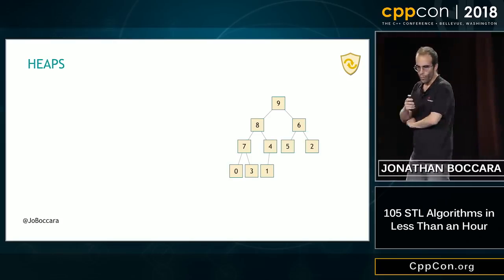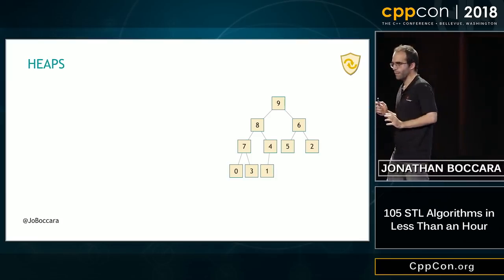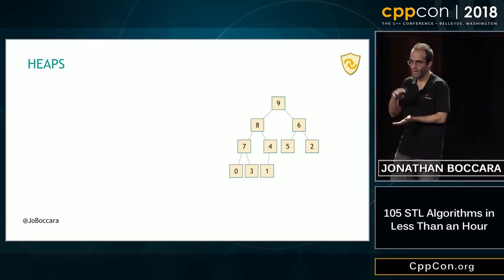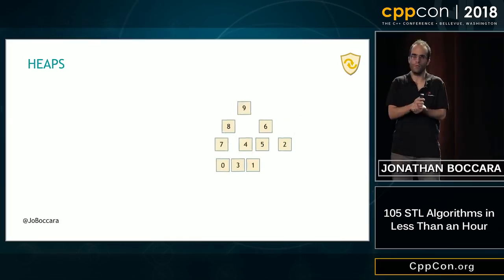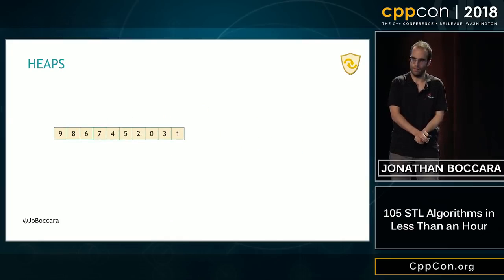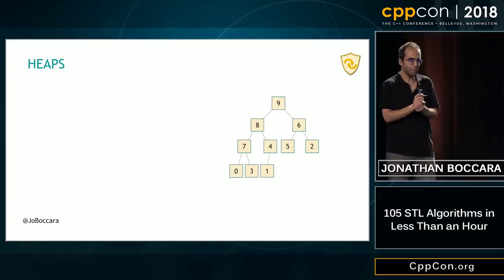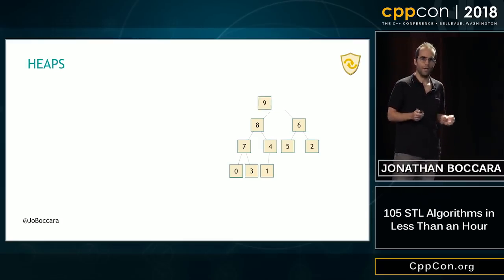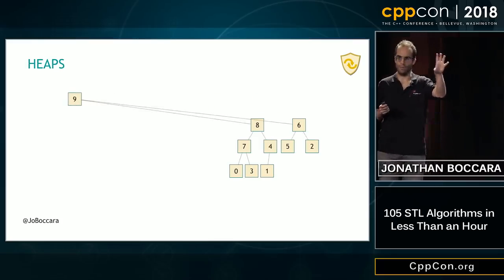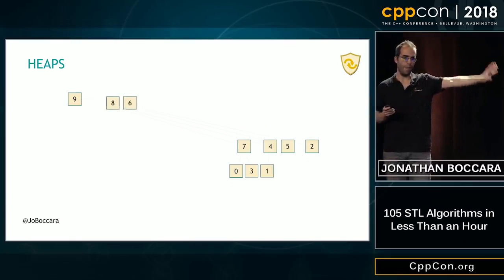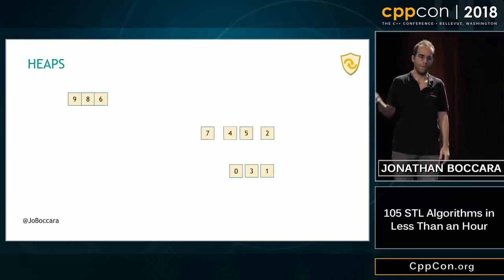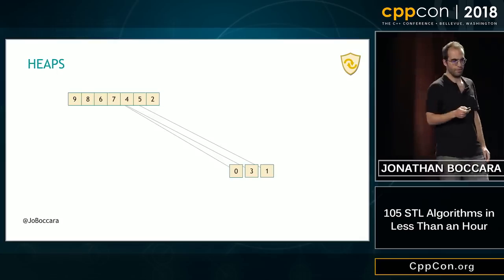So one interesting property of a heap is that we can squash it down into a range like that. One more time, more slowly. To squash down a heap into a range, we take the first row, which is just the root of the tree, and then the second row, and then the third row, and so on and so forth.